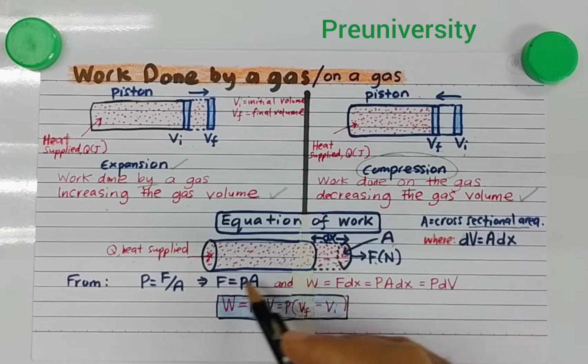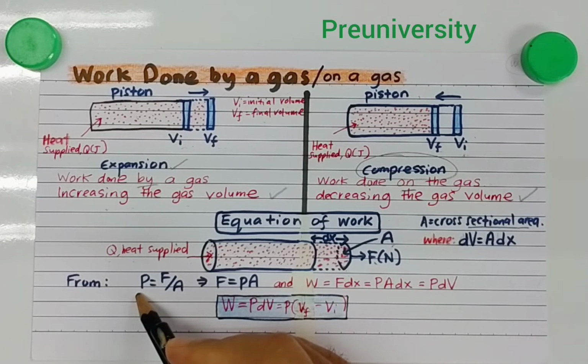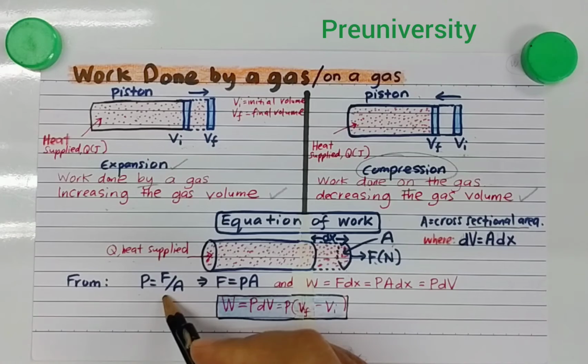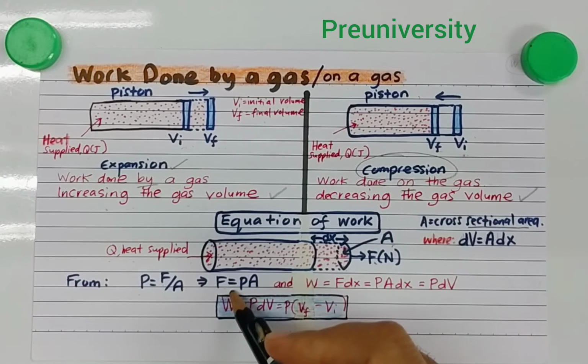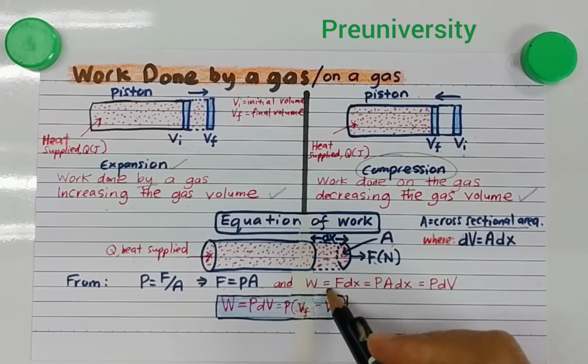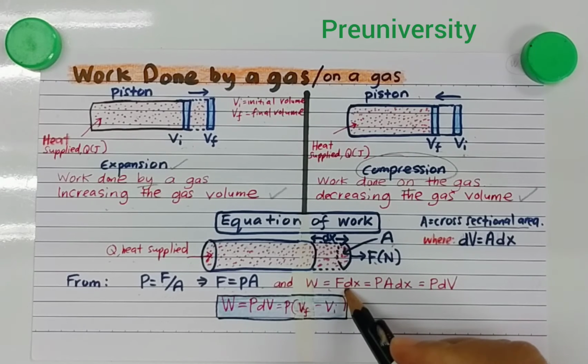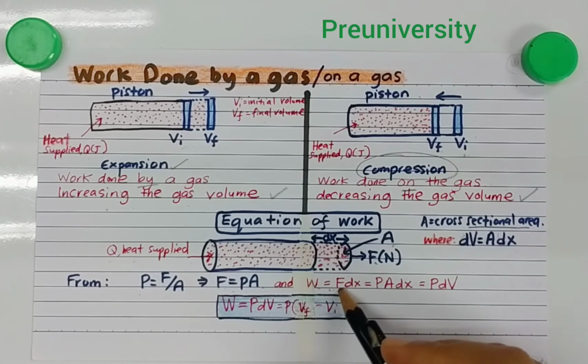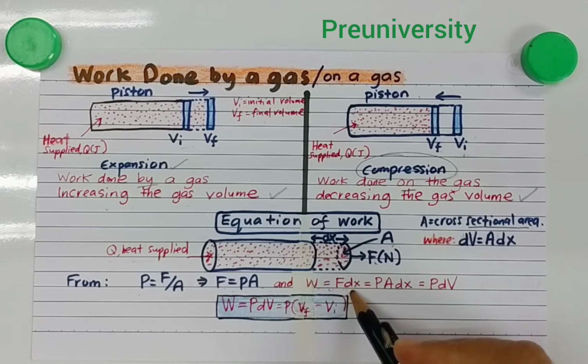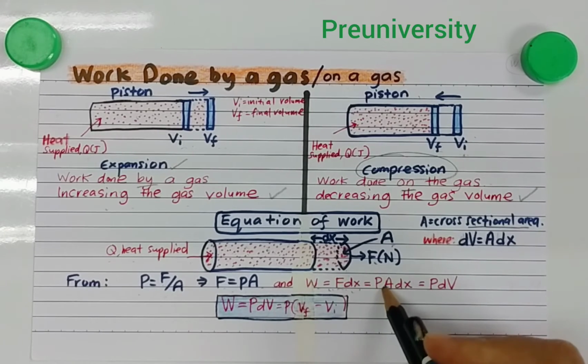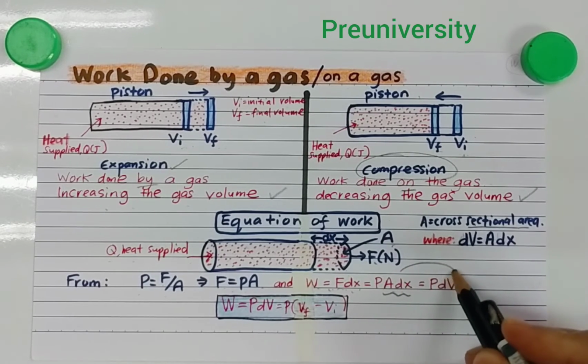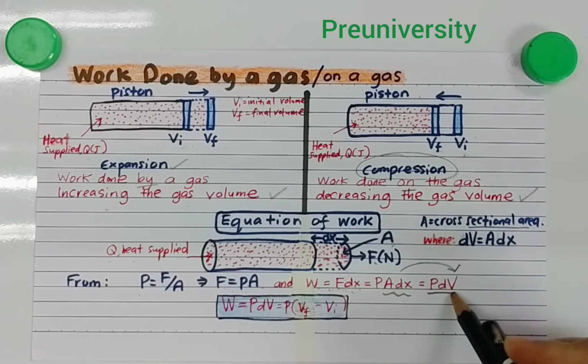From mechanics, pressure P is equal to F over A, so F is equal to PA. From the equation of work, W is equal to the applied force times delta X. So we replace F with PA delta X, and PA delta X is the change in volume. Therefore you can write it as P delta V.